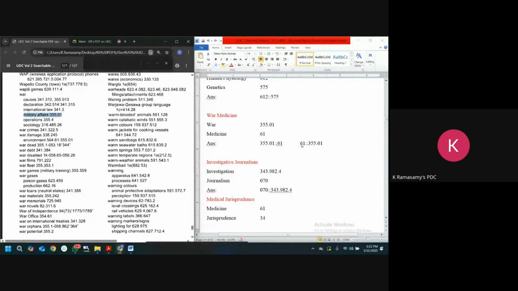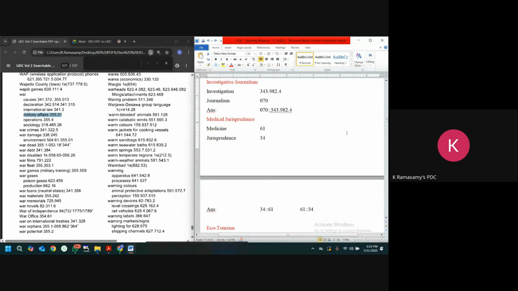So I write 61 as the first number, I write 355.01 as the second number. In between these two numbers, I put a double colon, first colon, then second colon. It means that this number is not to be changed. Either you go for this or you go for this, any one number, but the order cannot be changed. That is the meaning of war medicine.